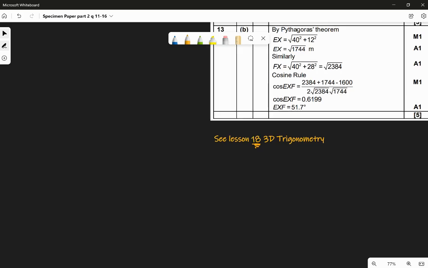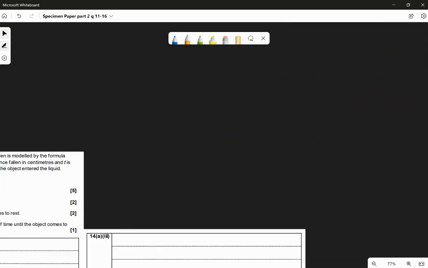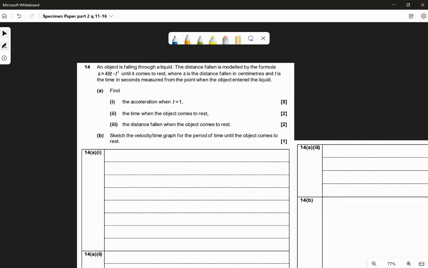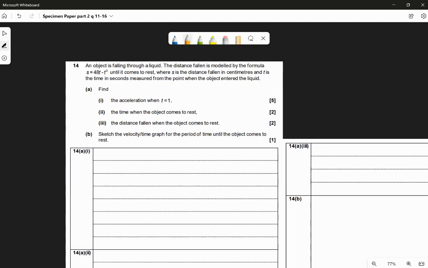Okay, let's have a look at question 14. An object is falling through a liquid. Aha, kinematics. Movement of objects. The distance fallen is modelled by the formula s is equal to 48t minus t cubed until it comes to rest, where s is the distance fallen in centimetres.